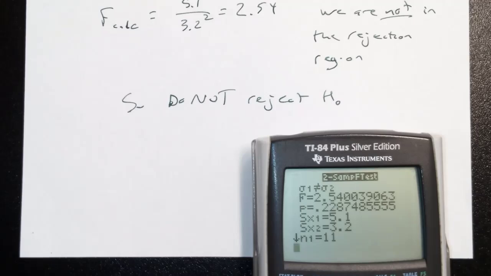Means the same thing, it's a lot bigger than 0.05. If it's smaller than 0.05, we reject. If it's bigger, we don't. Hey, that's way too big. Don't reject.